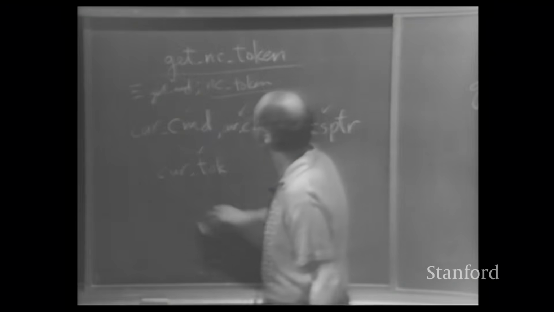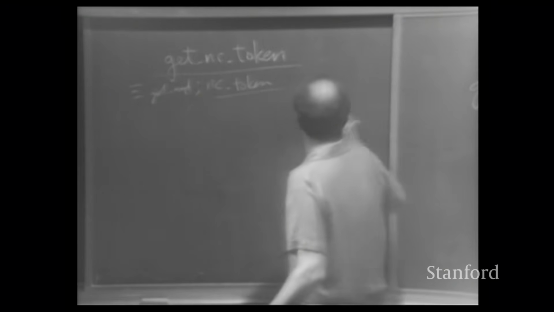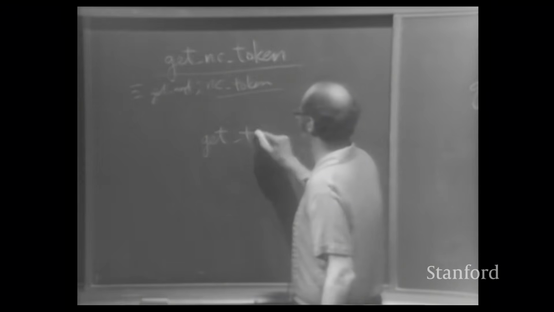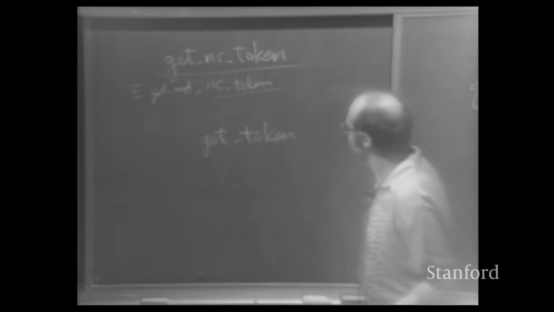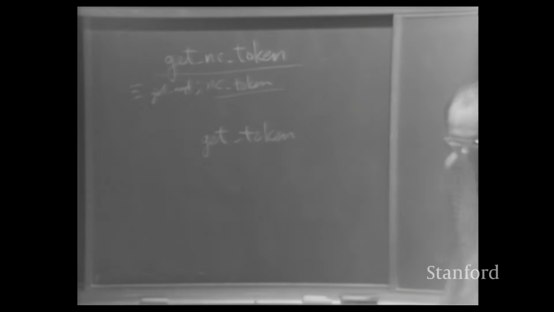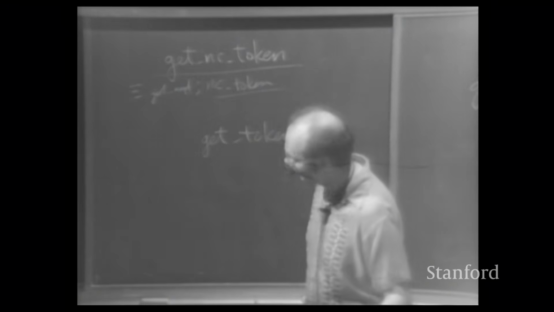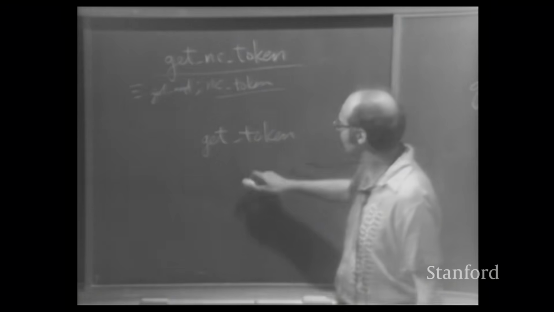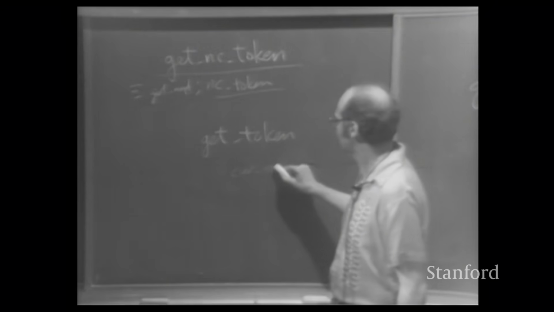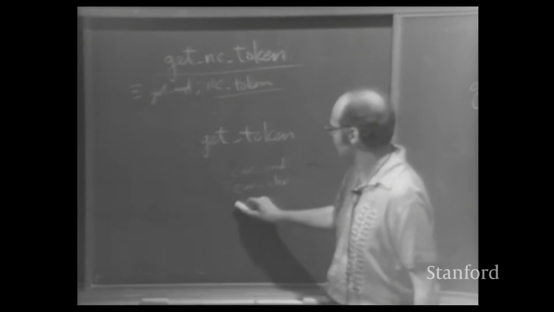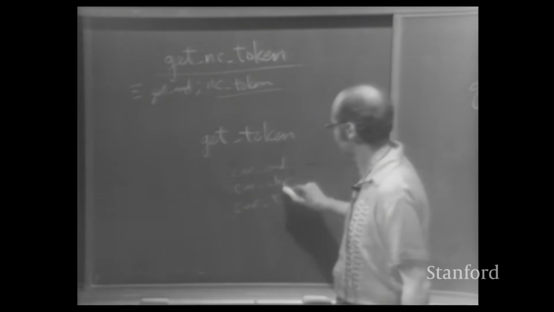The other main way to call get next is called get token. And this one does not expand macros. It just gives it to you, so the token that you get: your cur command, your cur char, and your CS pointer, and you get cur token also.